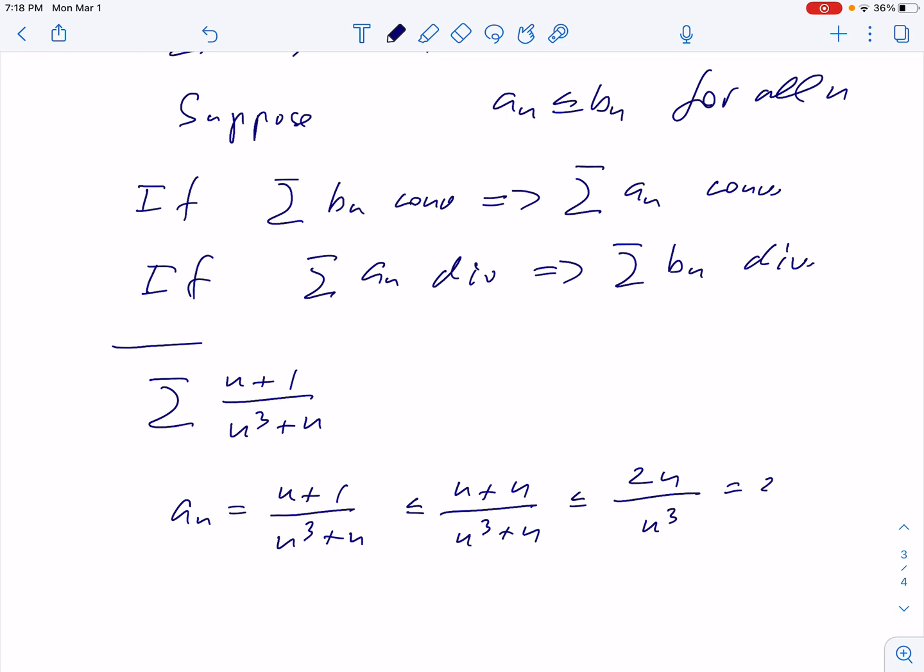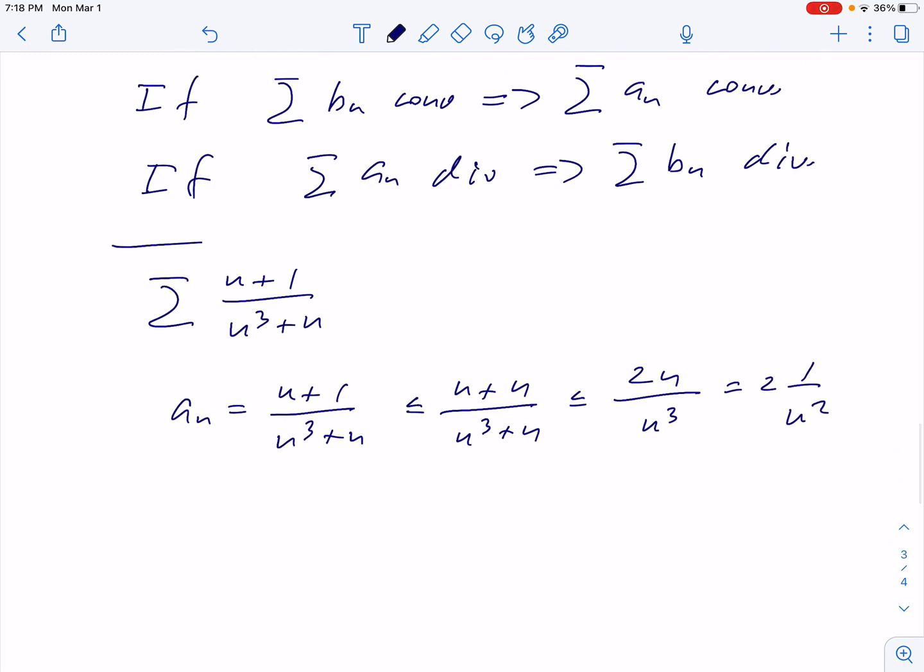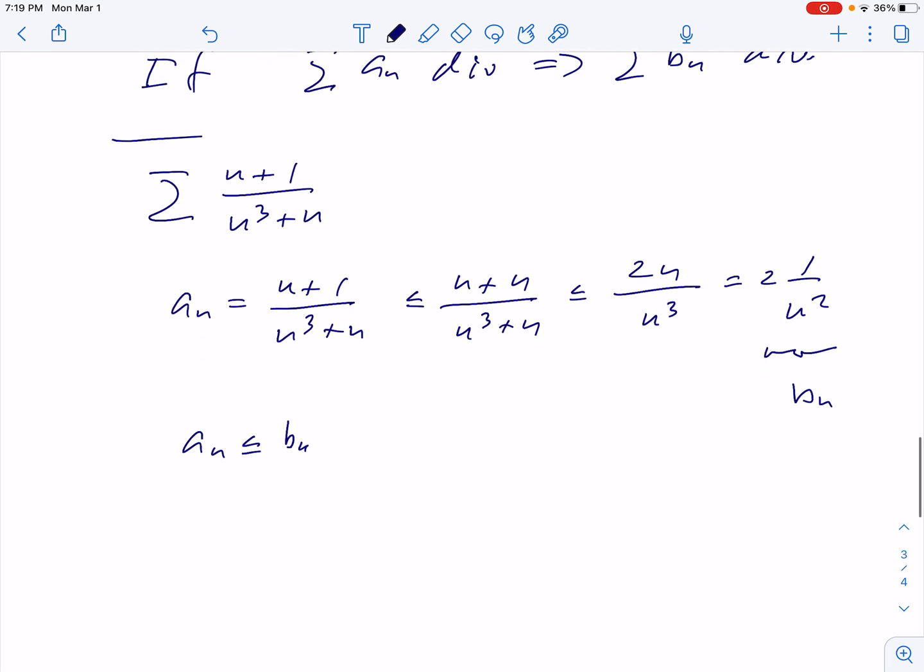After reducing, this is 2 times 1 over n squared. And you can see, we can call this b sub n. A sub n is less or equal to b sub n. B sub n is a term of one convergent p-series. So our series is convergent this way by this comparison test.